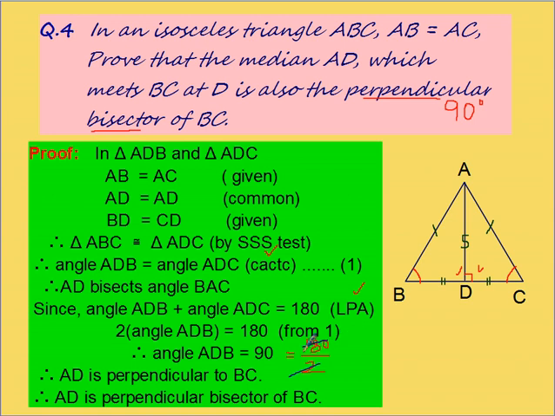So when you cancel it, you get 90. Don't skip any step, because your examiner is looking to cut your marks. Okay, so write the reason for all, and then you can easily get your marks. So now here, since I proved ADB is 90 degrees, I can say AD is perpendicular to BC.